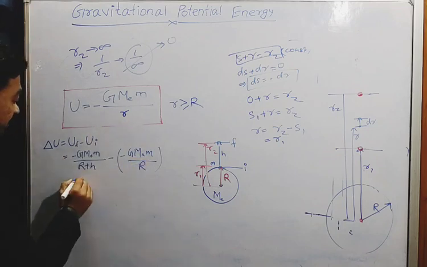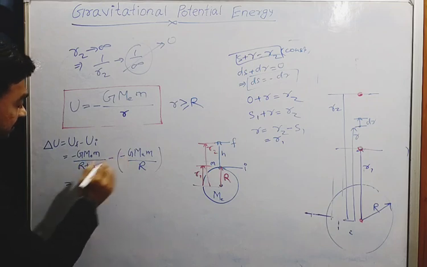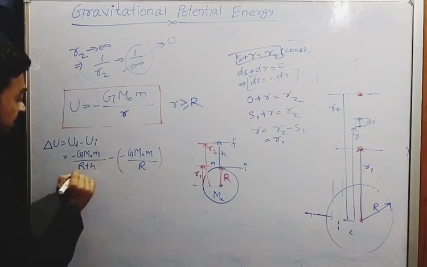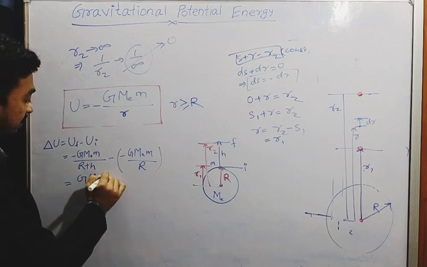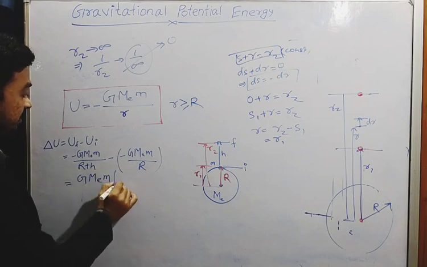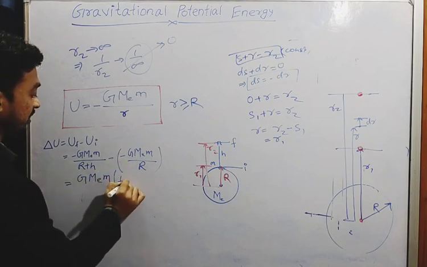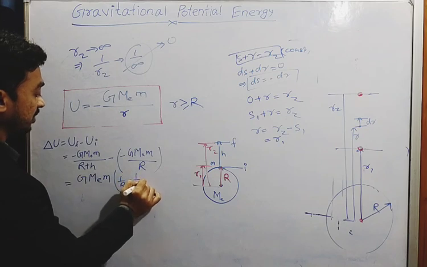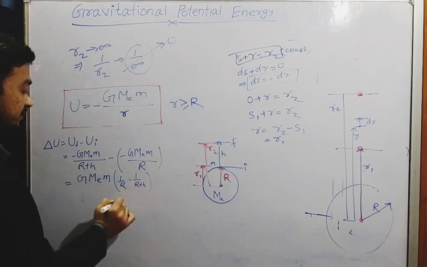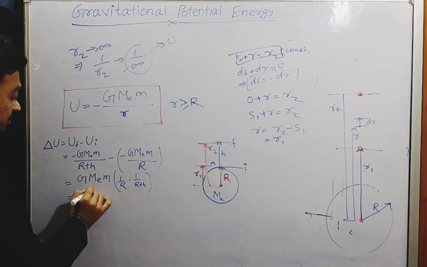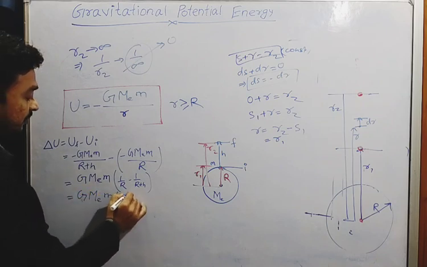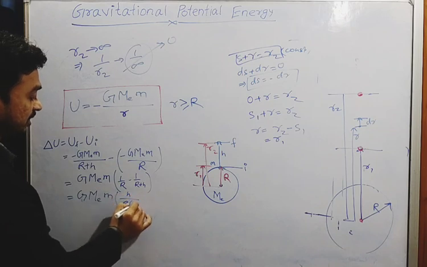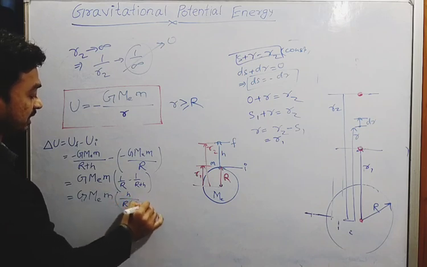Now after some arrangement we will get G mass of earth, mass of object, into 1 by r minus 1 by r plus h, which is G mass of earth, mass of object, into h by r into r plus h.